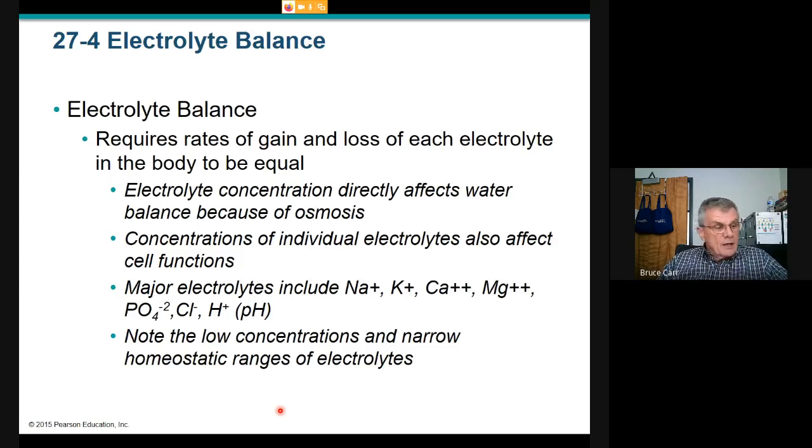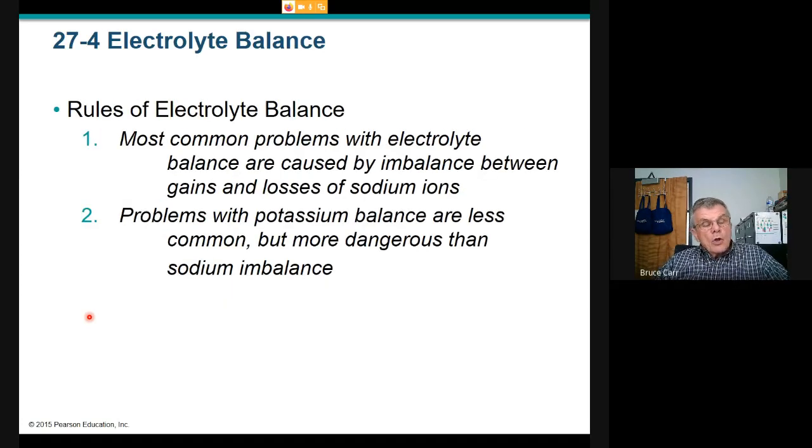The different ions do have different native levels or native concentrations, and we're going to deal with these in detail and look at them specifically, how they affect the overall metabolism of the body. So, for electrolyte balance, the main problems are due to an imbalance of sodium ions because it is so plentiful and so abundant.